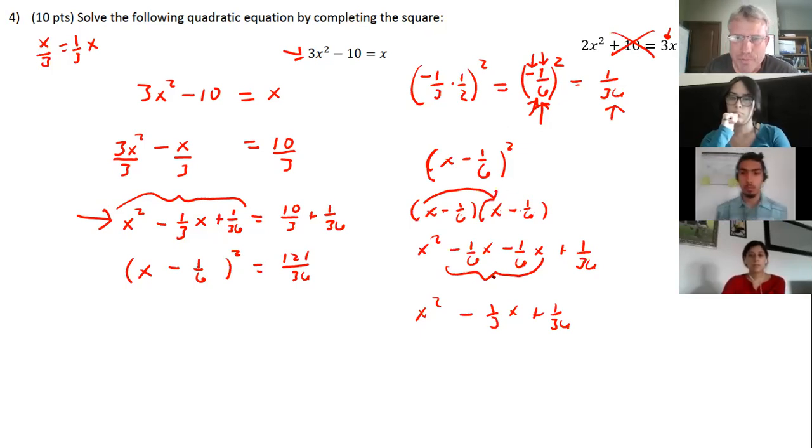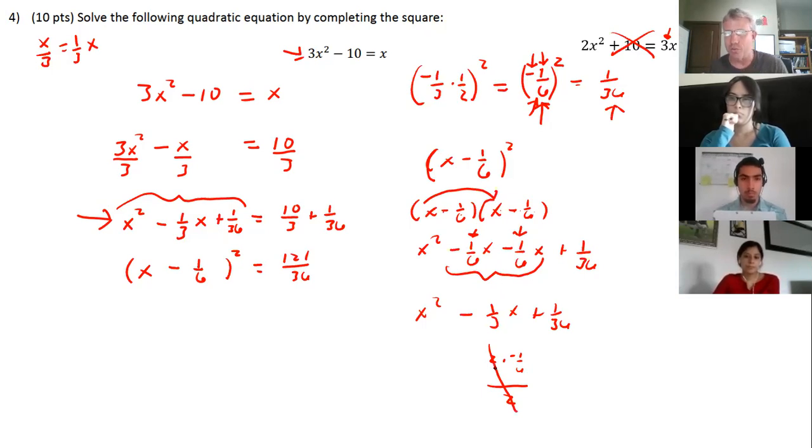Remember when we developed this in the videos, what we talked about was that you always get this term twice and it adds up to something. So you're really getting 2 times 1/6 because you get it twice. And so to figure out what got squared, you have to halve it, because you wind up getting 2 of them in the middle all the time.